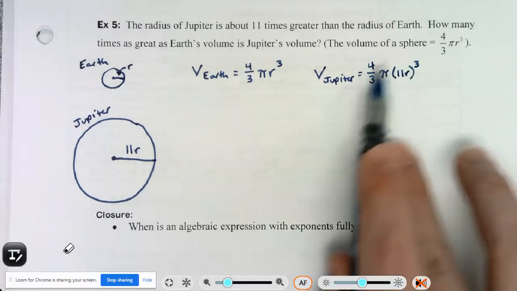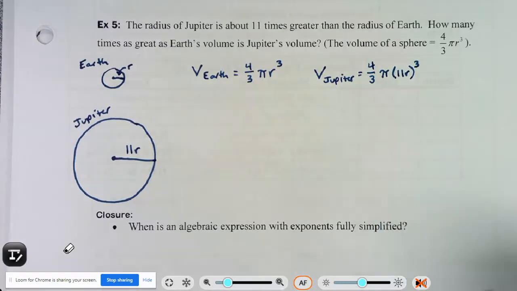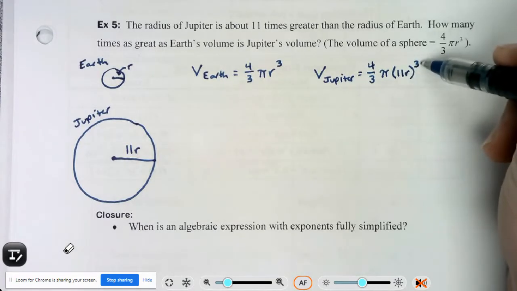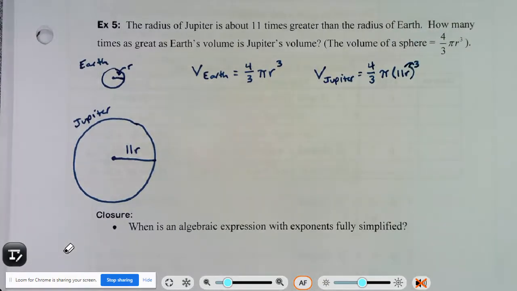Now we can look at this Jupiter equation and recognize there's a little bit of simplifying we can do. We can start to use our exponent rules to help us simplify. If we have two things multiplied together that are then raised to a power, we are allowed to distribute that power to both of the terms.